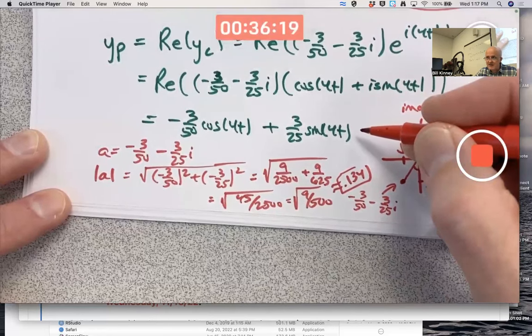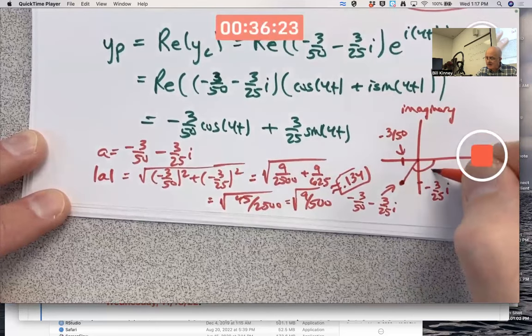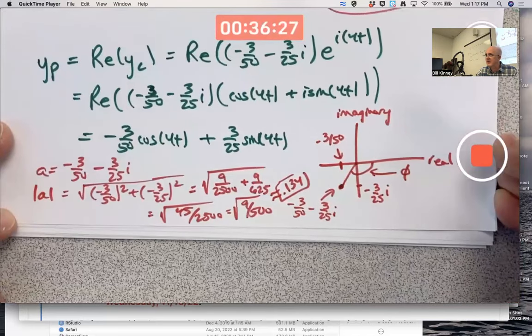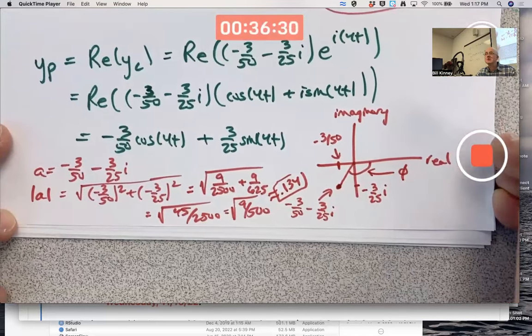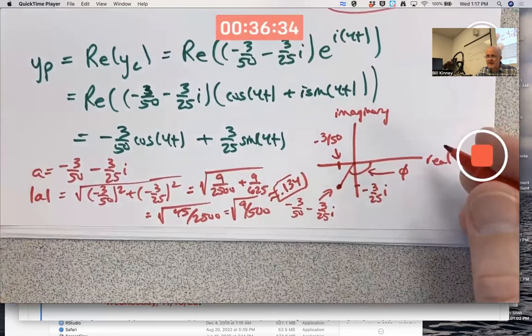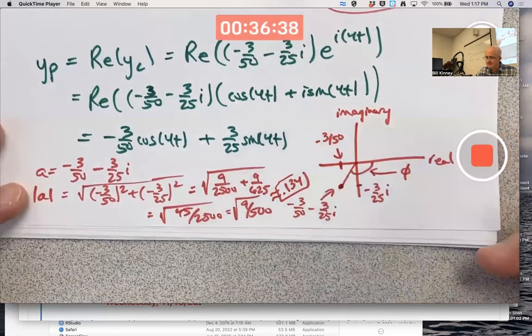We'll see if it works in a second here. And this angle here, call it phi, but that's not the same as a flow or anything. It's just an angle label. It represents something called the phase angle of this sinusoidal function.